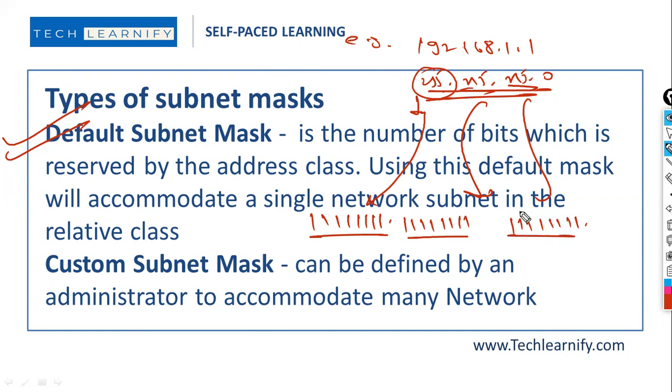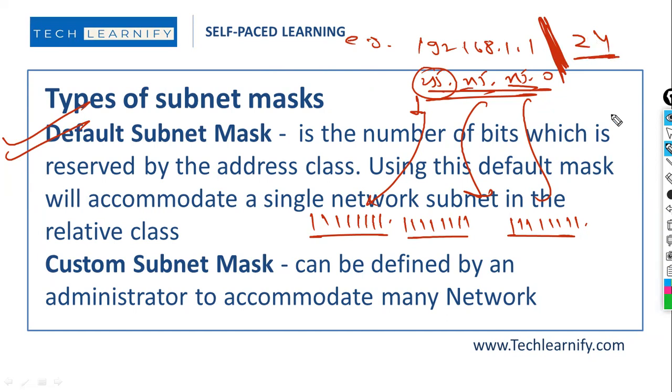In Palo Alto firewall, right? Even in FortiGate firewall, in some routers, switches, other networking devices, we specify the subnet mask in a different way. And what is the way? Slash and then /24. And what does 24 mean here?